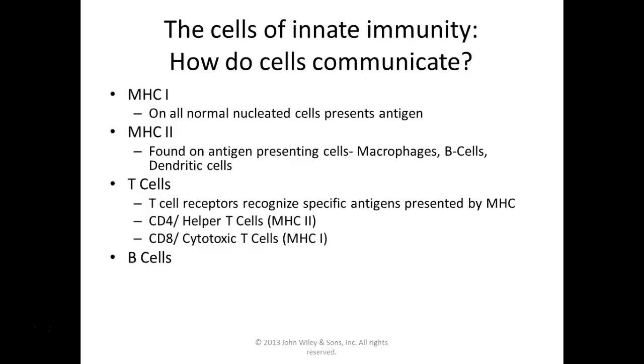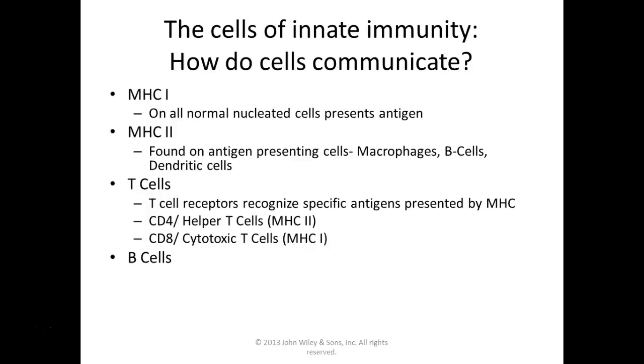Where our other class of T cells are our CD8. And it makes sense that these are cytotoxic because remember, MHC class 1 is for when stuff gets inside of us, right? When viruses and bacteria get inside, we present that antigen. And so then the cytotoxic T cell is going to come around, and what is it going to do to that cell that's infected with the virus or the intracellular bacteria?